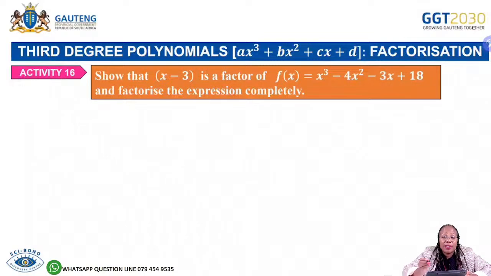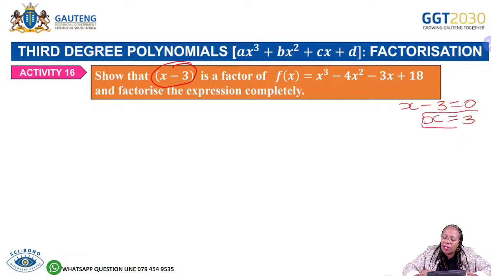Let's start by showing that it is a factor. We take x minus 3 and equate it to 0, therefore we are substituting x with 3. If it gives us the remainder 0, therefore it is a factor. So it's f(3). We are taking this into the f(x) function.